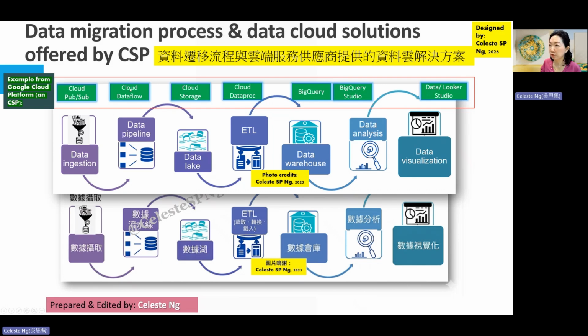So these are the different online services offered by Google's GCP for the different steps or sub-processes involved in our data migration process, migrating data from our local data center or from anywhere around the world, and integrating all the data into a single source for future data analysis and data visualization in the cloud.